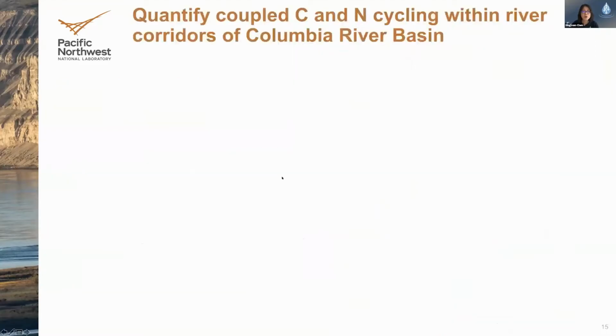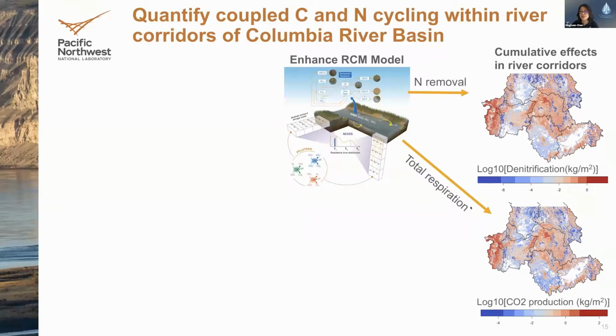In more implementation details, our goal is to quantify the carbon and nitrogen cycling within the river corridor, and the spatial patterns may look like the two we provided as an example over here.